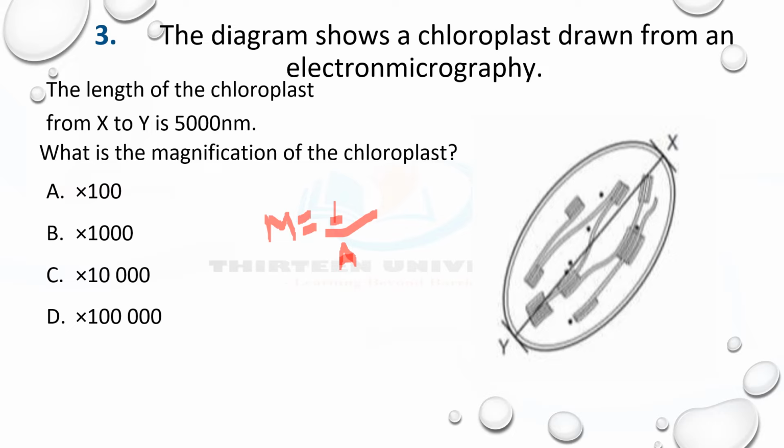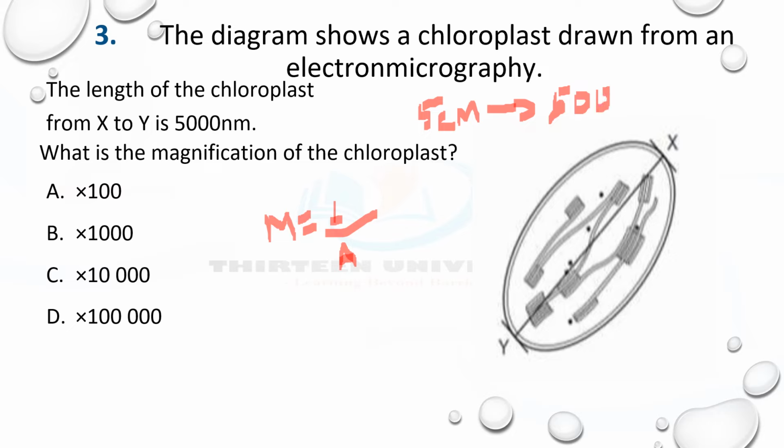This is about 5 centimeters. To convert 5 cm to micrometer, multiply by 10,000, and that gives you 50,000.